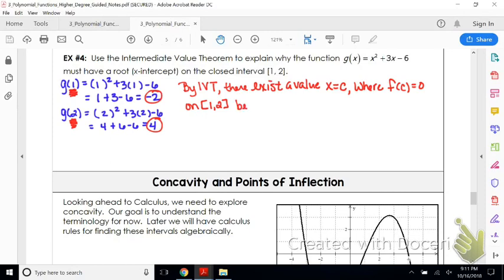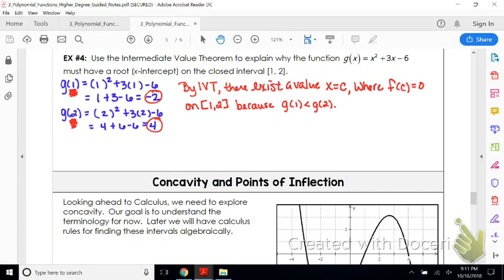And that's because when we plugged in g of 1, we got a negative value, and we plugged in g of 2, we got a positive value, so g of 1 is less than g of 2. One of them was positive, one of them was negative.